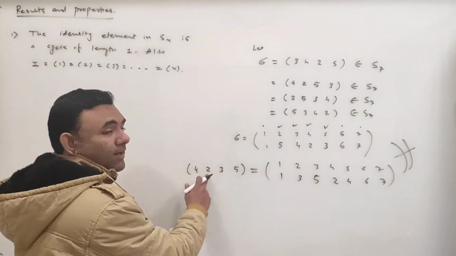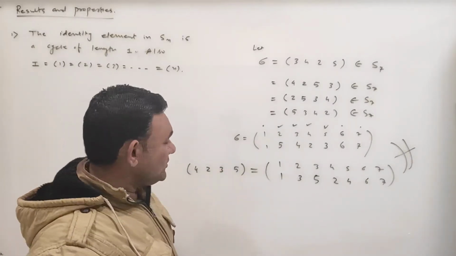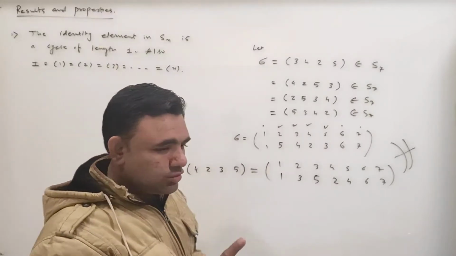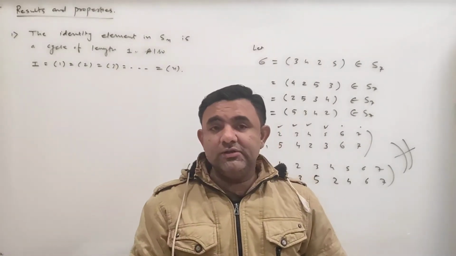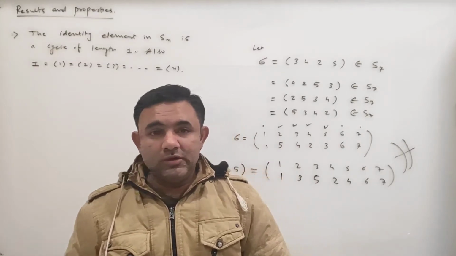But here 2 then 3. So the order of other elements also changed here. So what does it mean? The cycle does not change by changing the order of its elements in cyclic order, right?